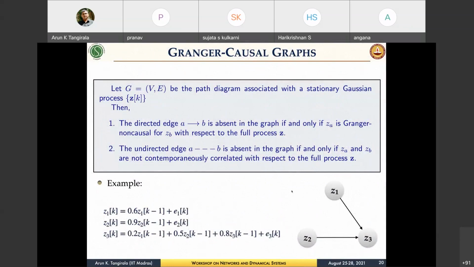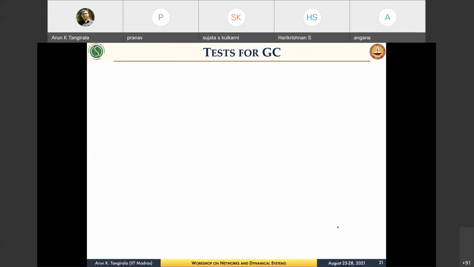You can draw a Granger causal graph even if you're given the mathematical model of the process, by the way. You don't have to be given data all the time. So if you're given a model of the process this way, then straight away applying the Granger causal definition, you will be able to draw this Granger causal graph here. And remember, it only tests for direct effects. So you can see that Z1 directly affects Z3 and Z2 directly affects Z3. That's what we mean here. And Z1 and Z2 are not connected.